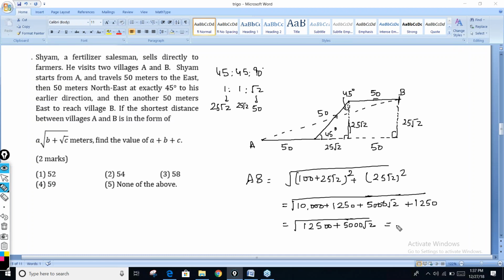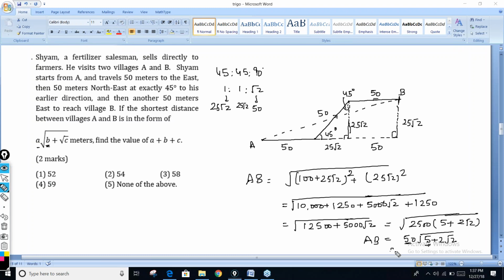Now can I take 2500 common from these two numbers? If I take 2500 common, what will I remain with? 5 plus 2 root 2. 2500 I'll take that side. So now the number comes out to be of this form. That is the length. But if you see it carefully, that is A, we have A. That is B, we have B. But here it is given in root.